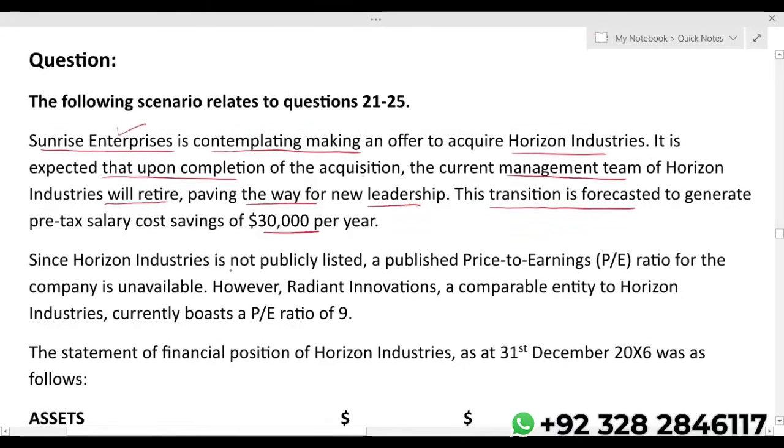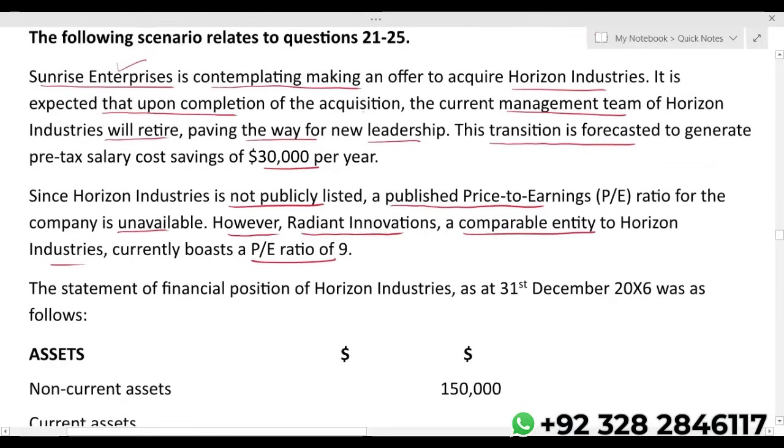Since Horizon Industries is not publicly listed, it's a private company, a published P/E ratio for the company is unavailable, which is logical. However, Radiant Innovations, a comparable entity, currently boasts a P/E ratio of 9. So logically, we'll be using 9 if it is required.